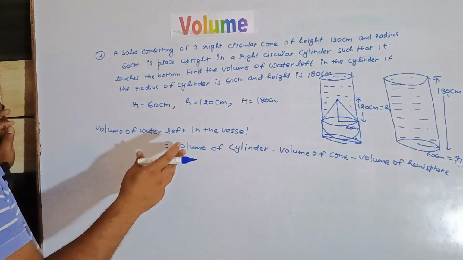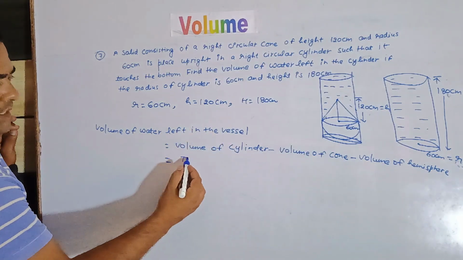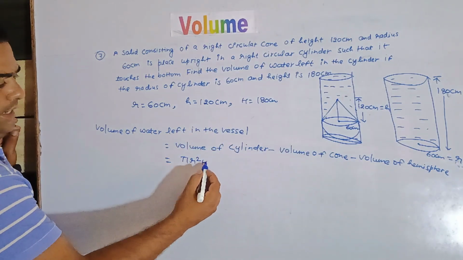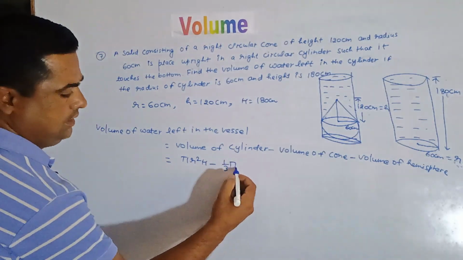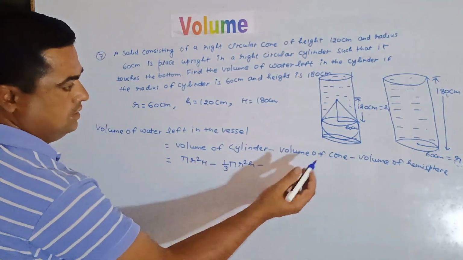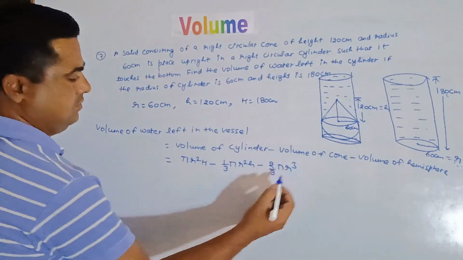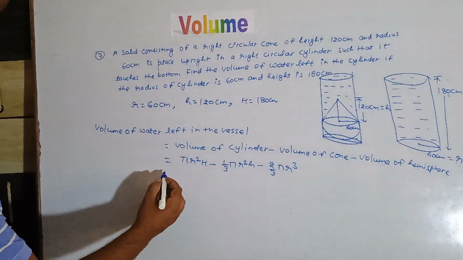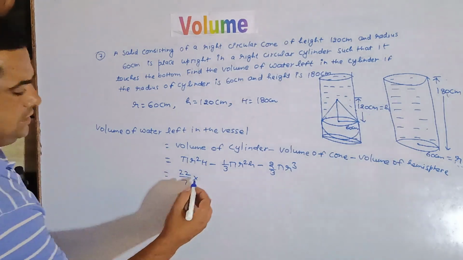Students, we are applying the formula. Volume of cylinder is pi r square h, minus volume of cone, which is 1 by 3 pi r square h, minus volume of hemisphere, which is 2 by 3 pi r cube. We are putting the values. Value of pi is 22 by 7, and radius is 60.